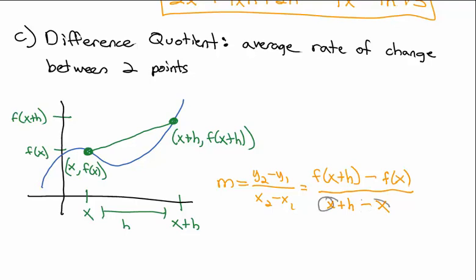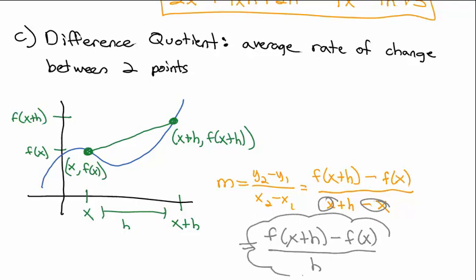And that's kind of nice because x minus x goes away. And so we end up with the slope of f of x plus h minus f of x all over h. This thing is called the difference quotient. It calculates the average rate of change between 2 points.